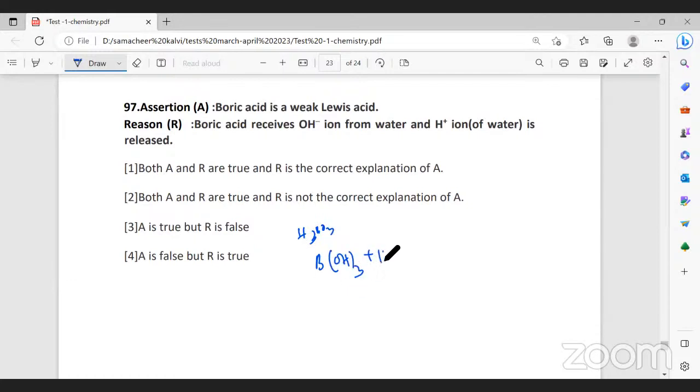This boric acid in water, H2O, we can write as H and OH, gives you B(OH)4 minus, and we get H plus. Therefore, the answer for this is 1. Both assertion and reason are true, and R is the correct explanation. Boric acid receives OH from water, and H plus ion is released as per the reaction. Therefore, the answer is right.